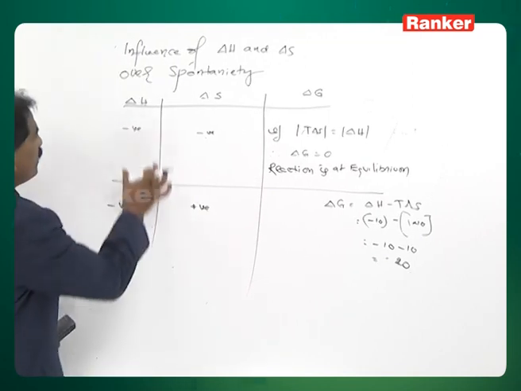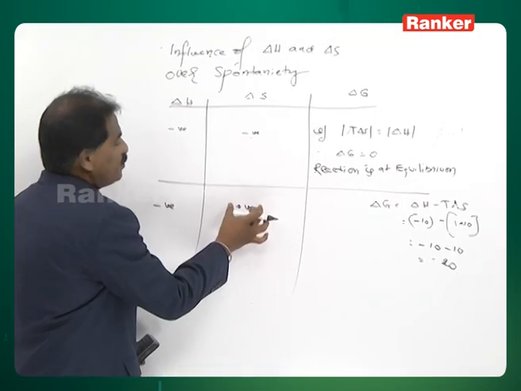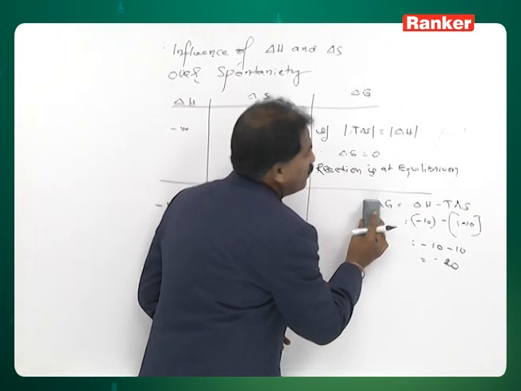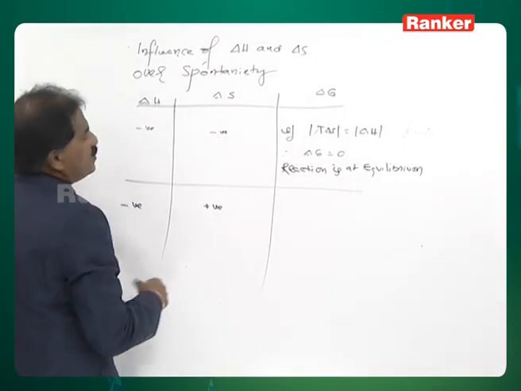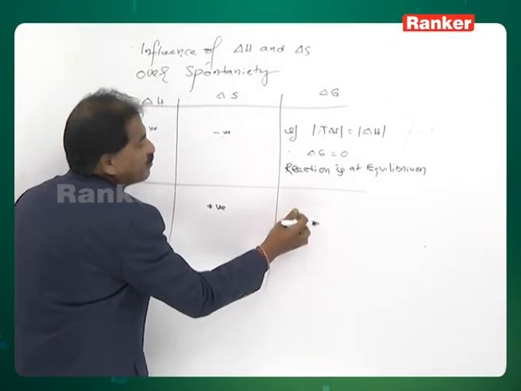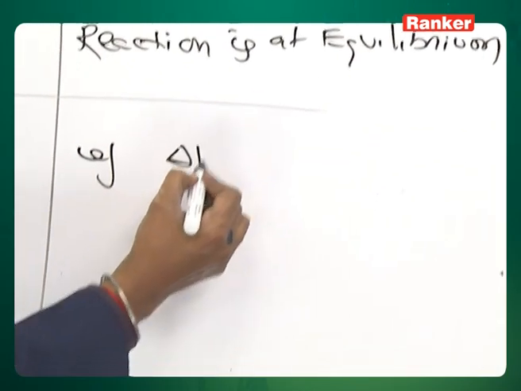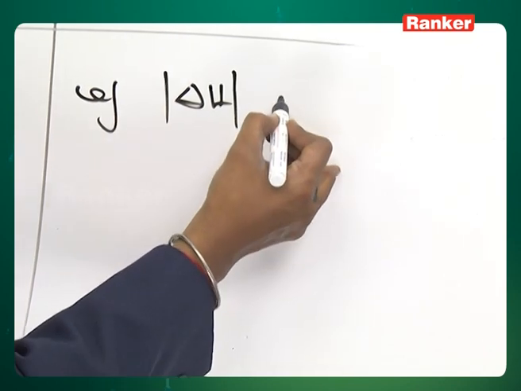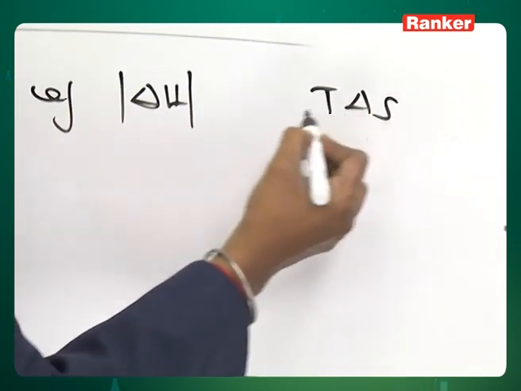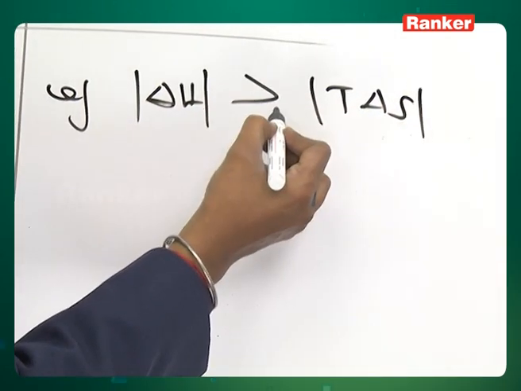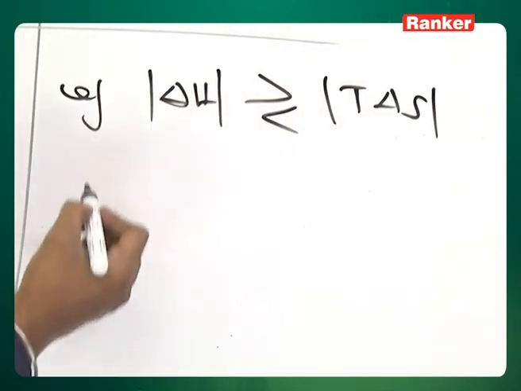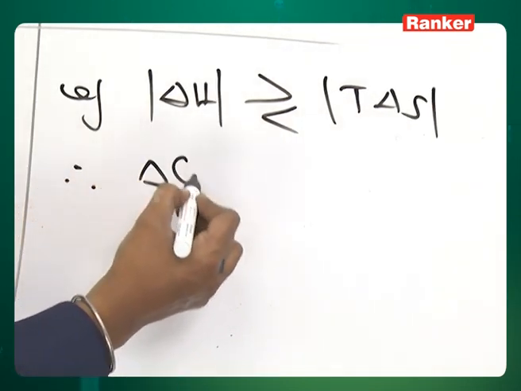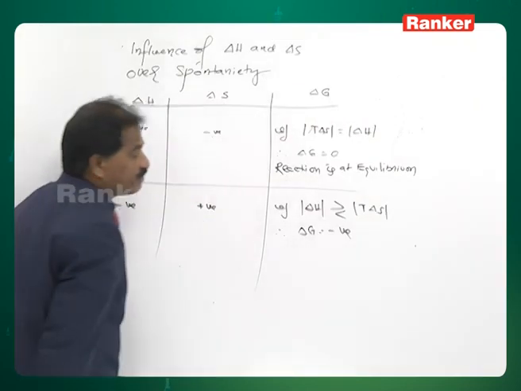That means, if the enthalpy change is negative and the entropy change is positive, then the free energy change compulsorily becomes negative. Therefore, whether the magnitude of del H is either greater or smaller than T del S, del G is always negative.